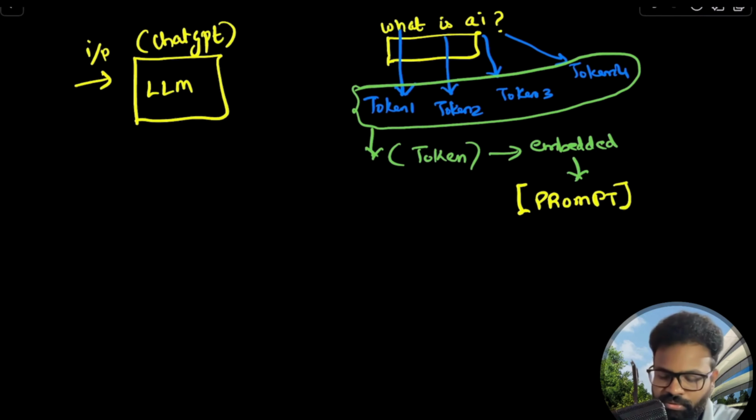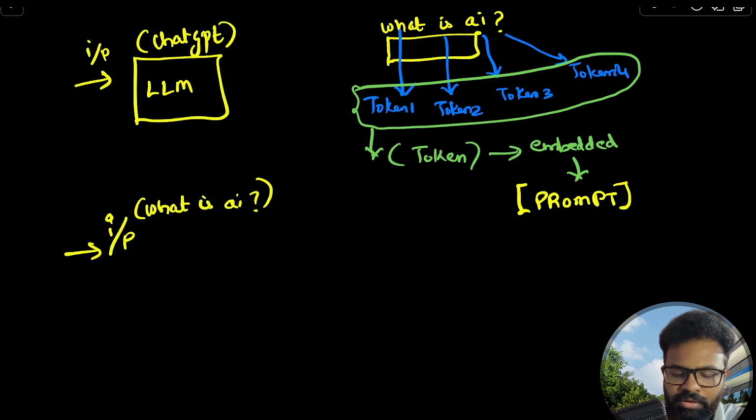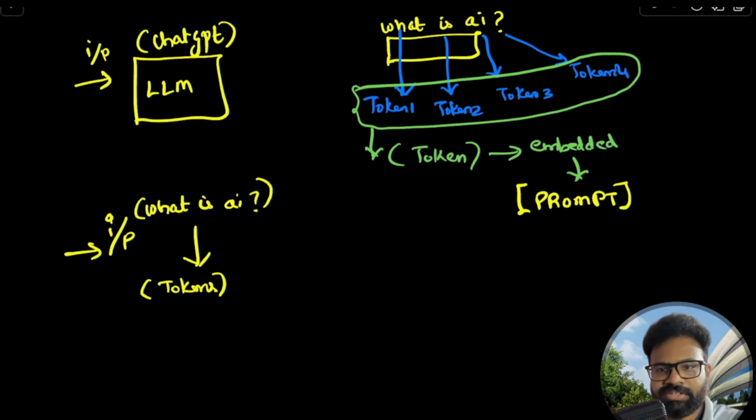So you are going to give the input "what is AI". That is converted into individual tokens first, and then on the whole it is combined or embedded into tokens.